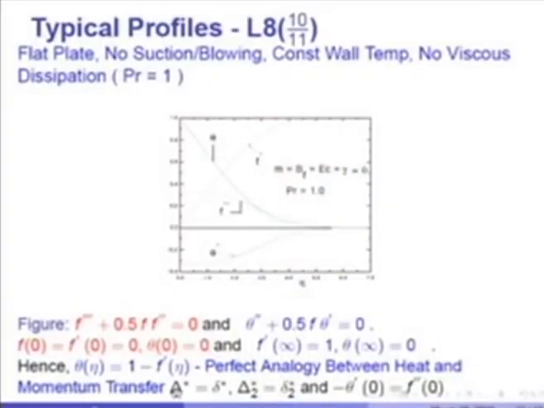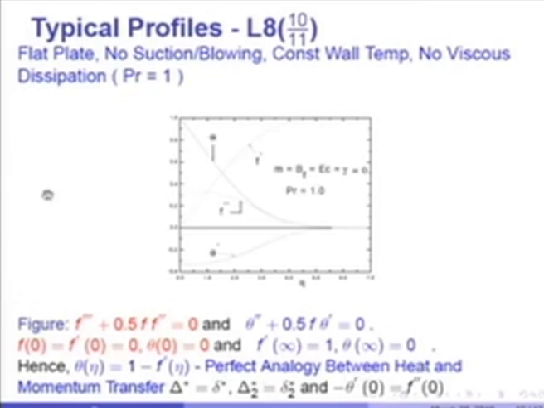So, thermal boundary layer thickness delta star would equal velocity boundary layer thickness delta star, enthalpy thickness delta 2 star would equal momentum thickness delta 2 star, minus theta prime 0 would simply equal f double prime 0 as seen in the figure here with a negative sign. You see, this is theta prime 0, and this is f double prime 0. That is what you see here.